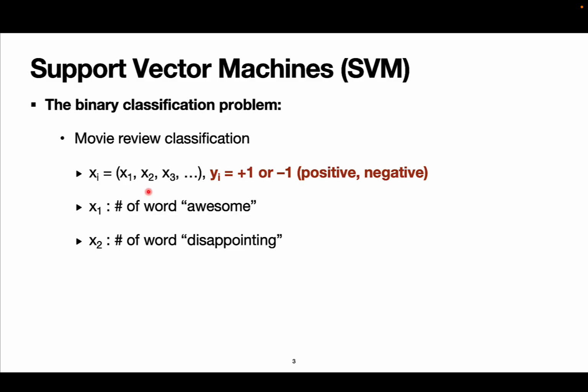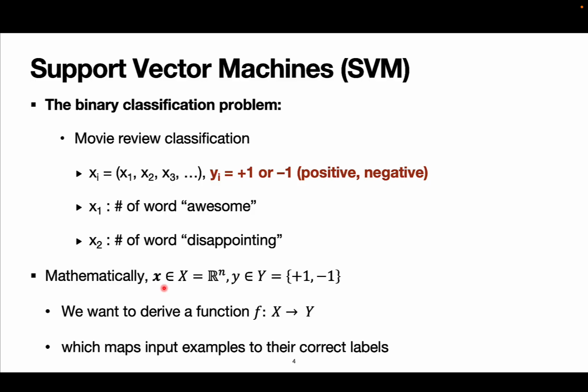The label in this case is whether the review is positive or negative. In mathematical terms, x is a multi-dimensional feature vector, y is a positive or negative label, and our goal here is to correctly label input examples.